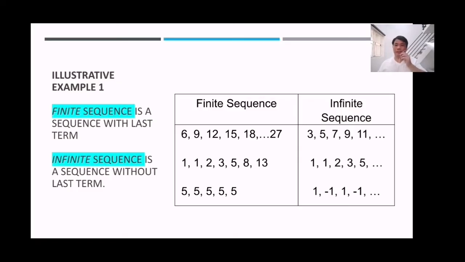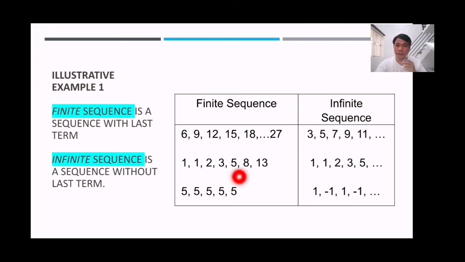A finite sequence is a sequence with a last term. So obviously, the first column contains the examples of a finite sequence. Meaning, they have a last term. How do we know that there is a last term? It has a last number. There, 27 on the first set, 13 on the next one, and 5 on the last one.